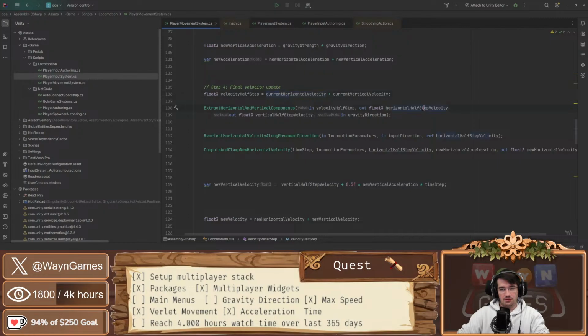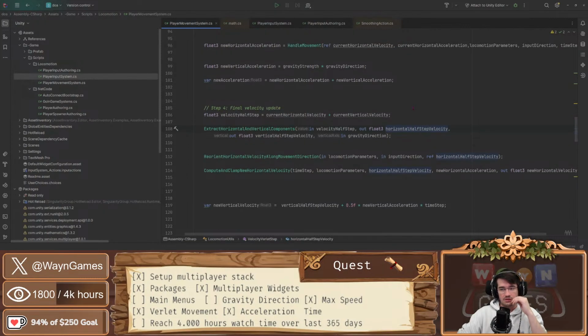So this one becomes this one. Because that's the half step velocity, which is the sum of the horizontal and vertical, and then I extract again the horizontal.